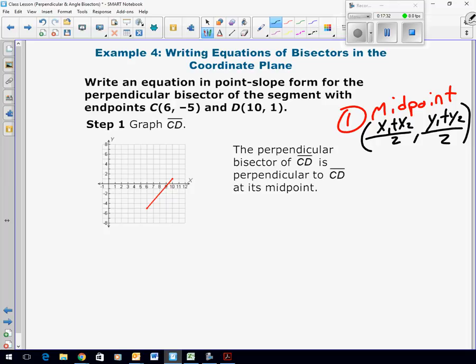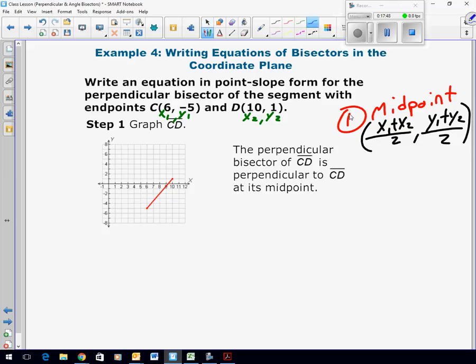I have to plug my coordinate points in. We'll make it real easy. Here is x1, here is y1, here is x2, here is y2. Makes it really, really easy, doesn't it?